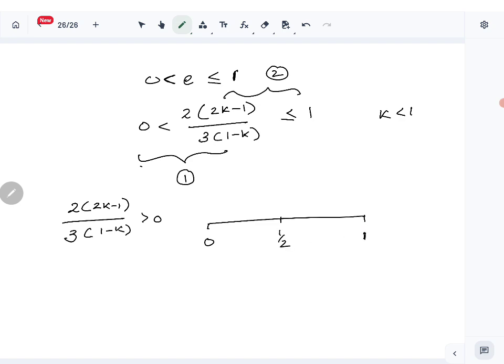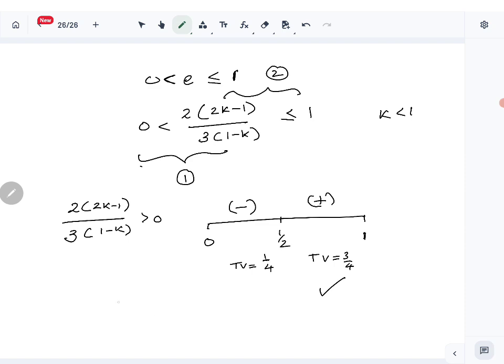Then apply some test values in each interval and check the sign in each interval. First interval, apply 1 over 4: negative over positive, which is negative. Second interval: positive over positive, which is positive, and we want the positive interval.